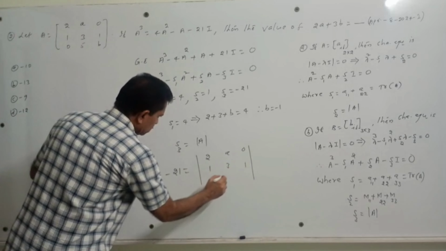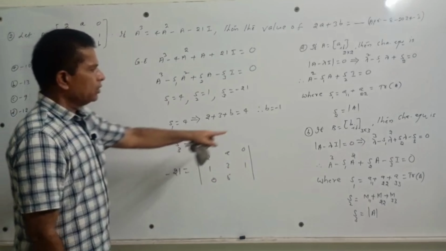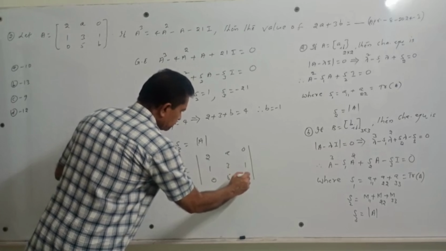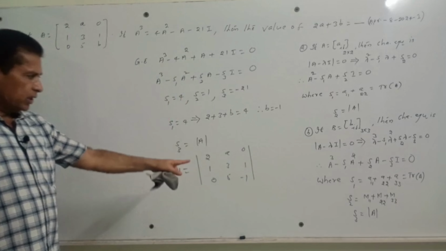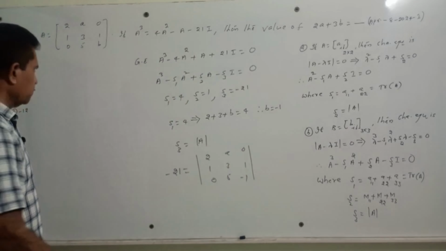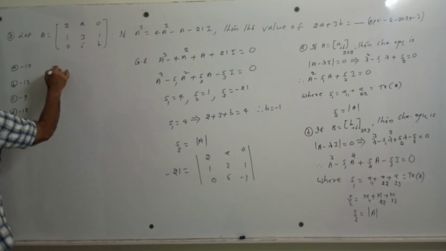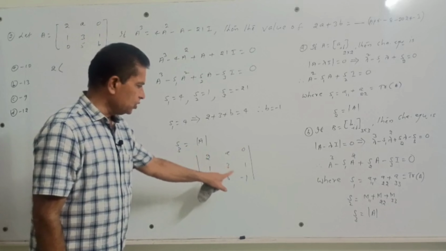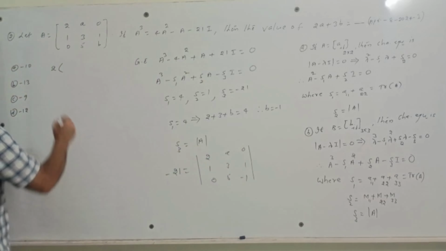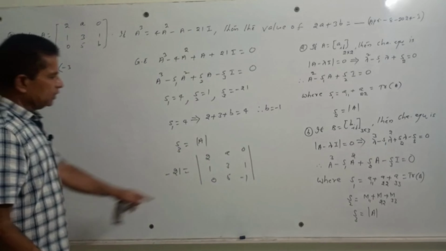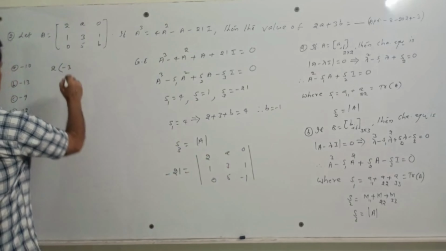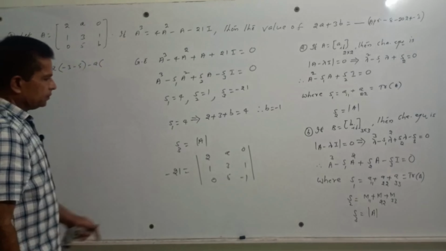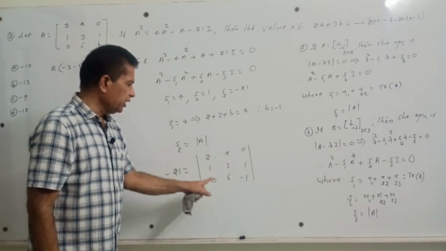Third row 0, 5, and I already calculated the unknown b, b is equal to minus 1. Just expand the determinant along the first row. So this is 2 into, this row deleted, this column deleted, 3 into minus 1 minus 3, this is 5 into 1, 5. So minus 3 minus 5. It is minus a into, this column deleted, this row deleted.